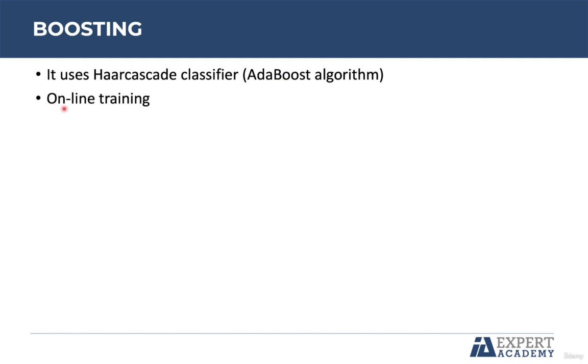It is one of the simplest techniques for detecting objects. Training is online, meaning that learning happens when you want to track an object. It uses the concept of positive and negative images. The positive image is the object you want to track, while the negative image is the background.